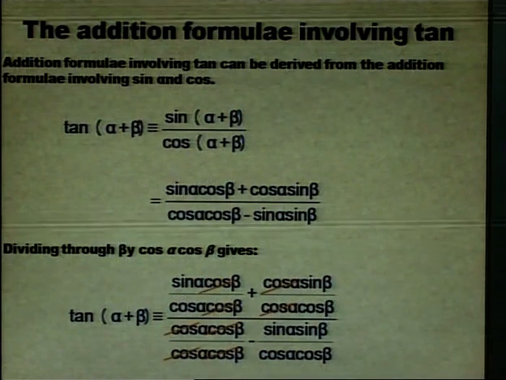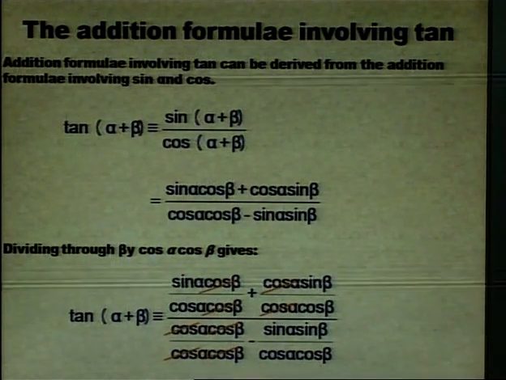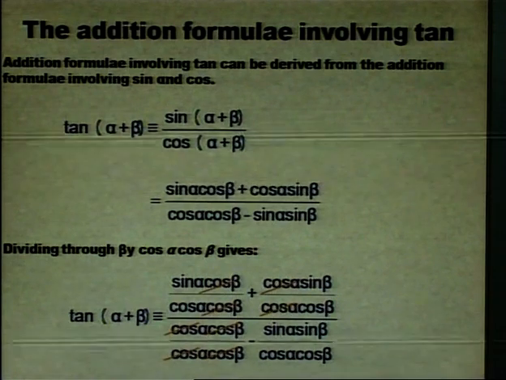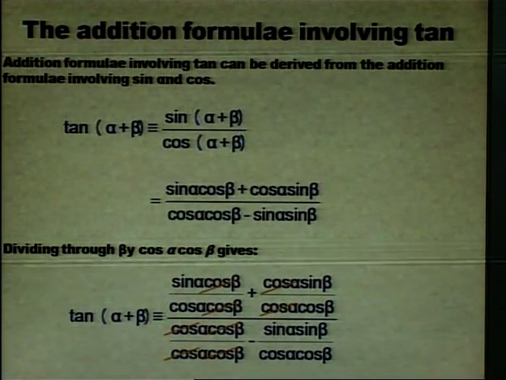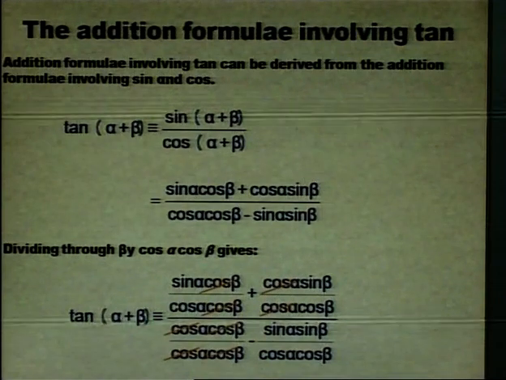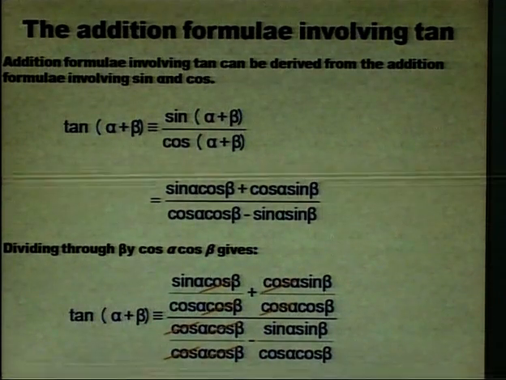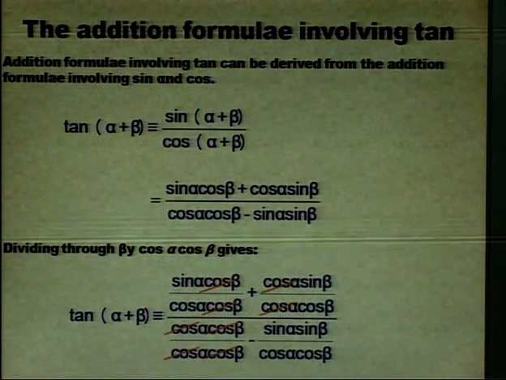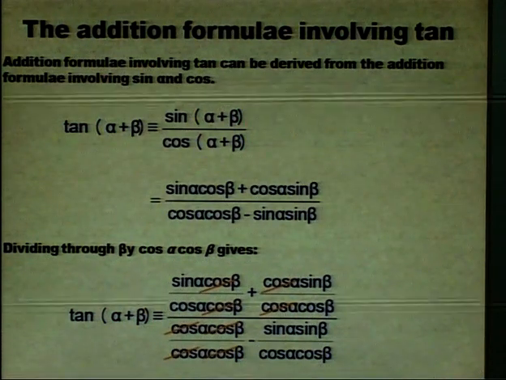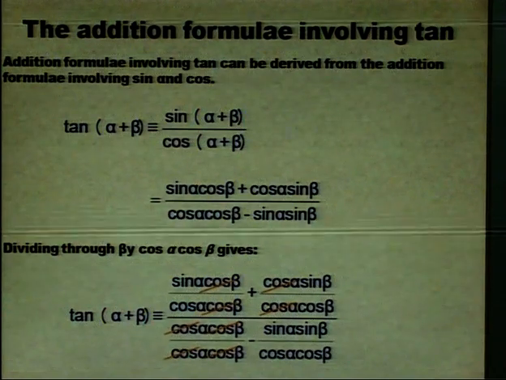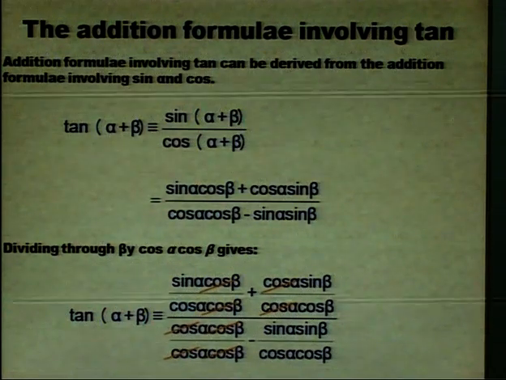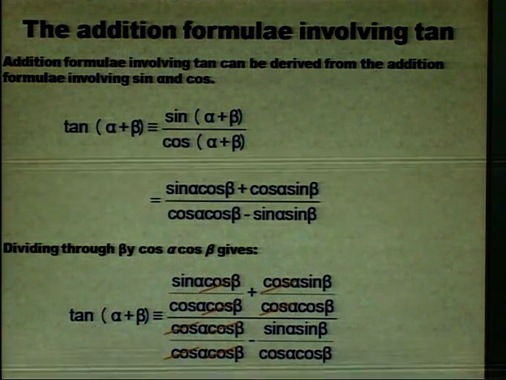So, using all those four formulas which I wrote as a summary, namely for sin alpha plus beta, cos alpha plus beta, sin alpha minus beta, cos alpha minus beta, we can derive the formulas for tan alpha plus beta, tan alpha minus beta, cot alpha plus beta and cot alpha minus beta.